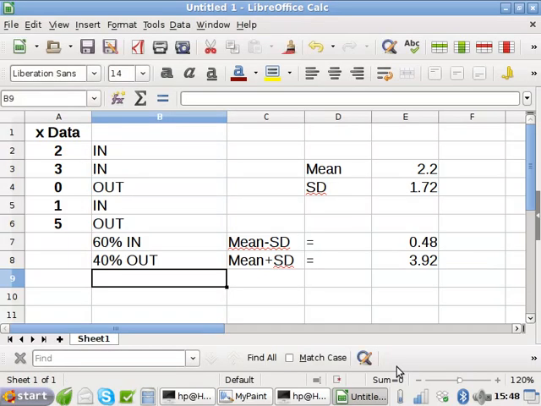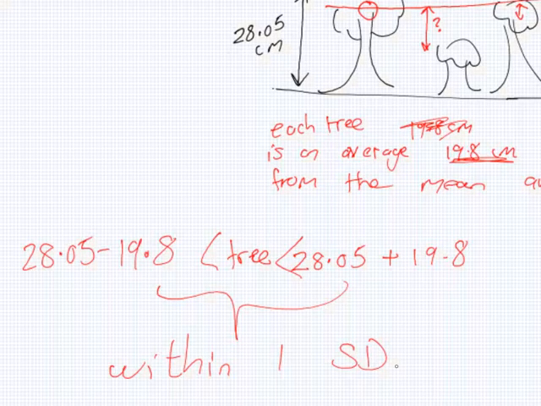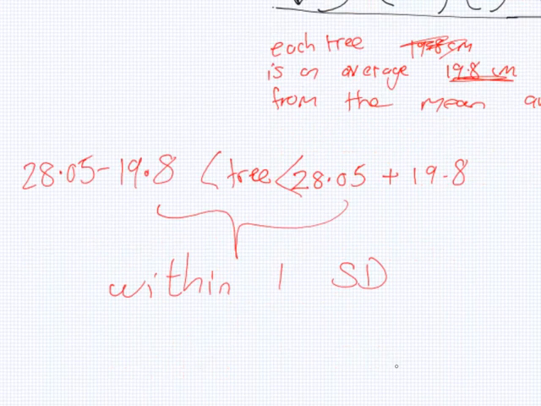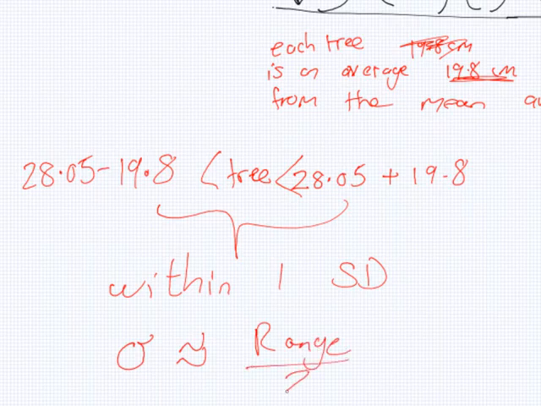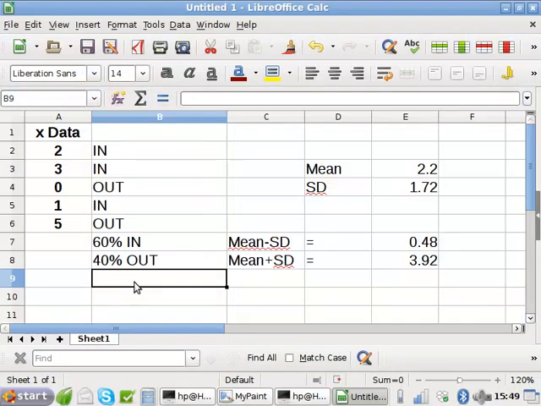This is something we'll talk about again later, but I just want you to see the idea now. So, this means, as a very, very rough rule, you can say that the standard deviation is roughly the range divided by 2 as well. Roughly. What's the range here?